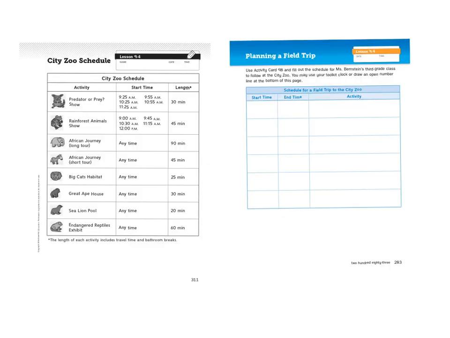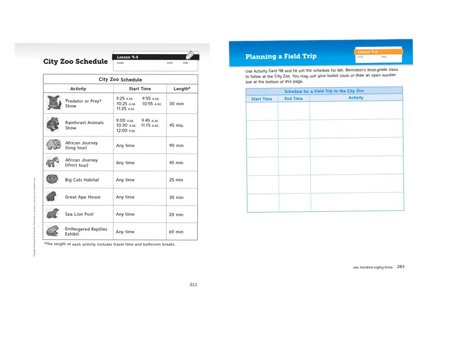Okay, so on page 283, you see this blank page, and it says, use activity card 98 and fill out the schedule for Miss Bernstein's third grade class to follow at the City Zoo. You may use your toolkit clock or draw an open number line at the bottom of this page. Okay, so your job is to plan an entire field trip.